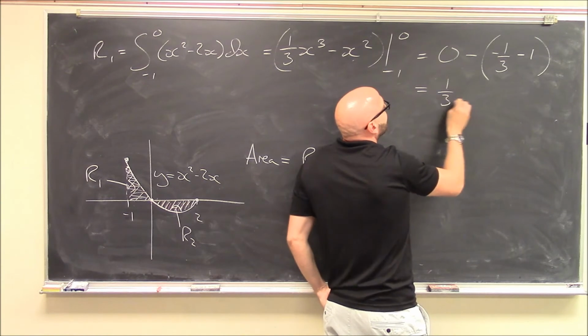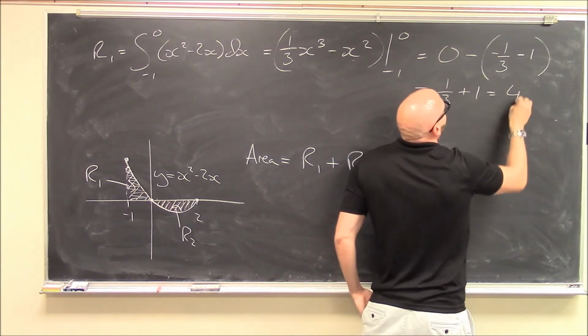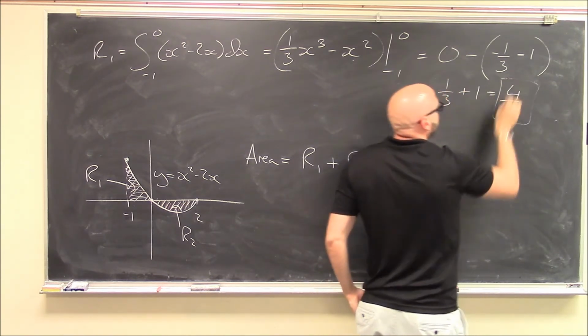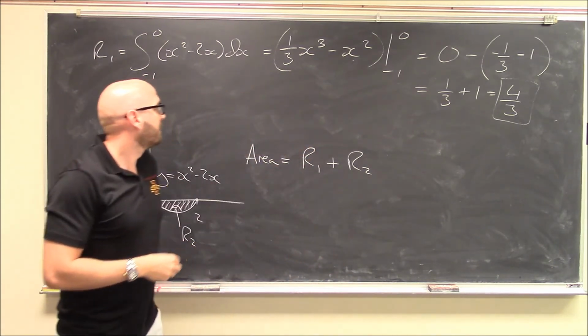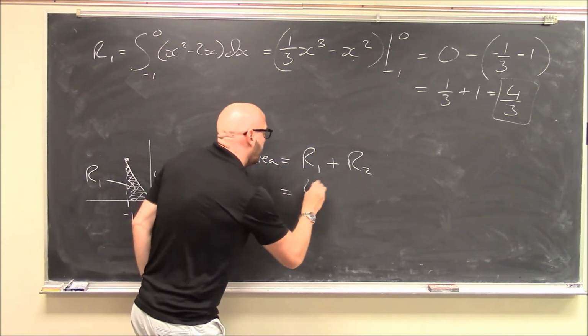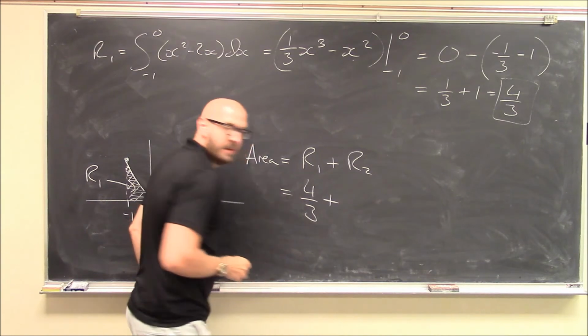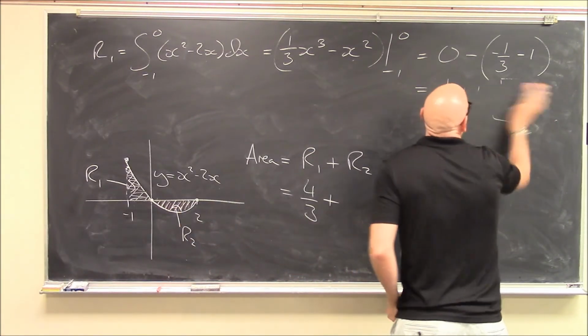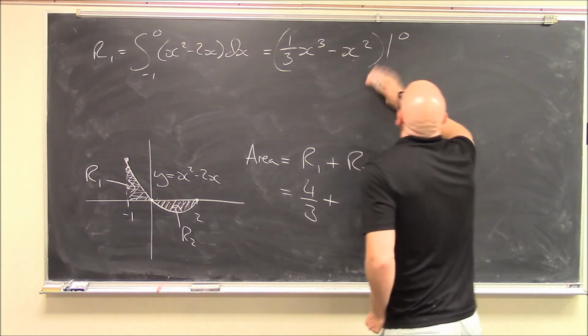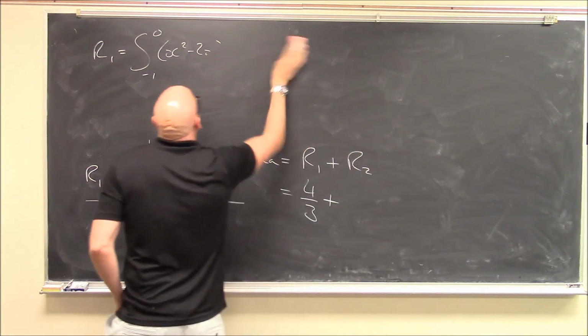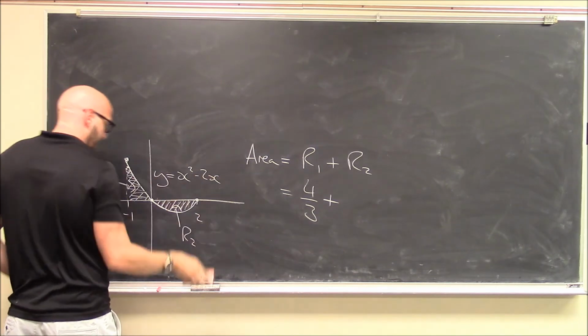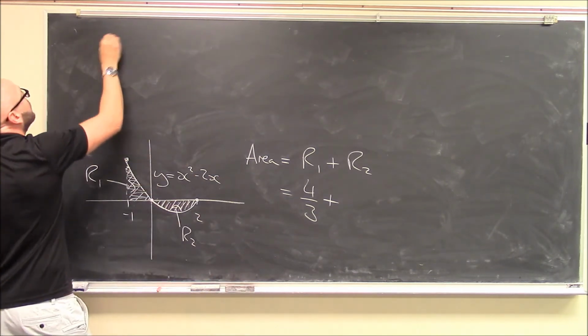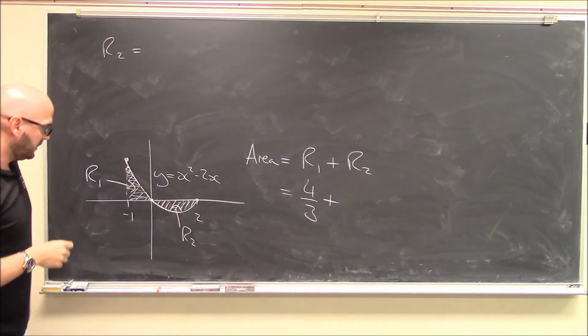That's 1/3 plus 1, which is 4/3. Okay, so R1 has area 4/3. Now we have to deal with R2. So, what's the area of R2?